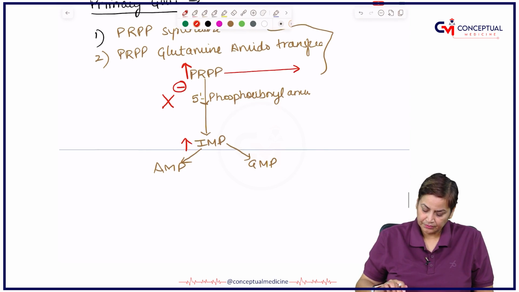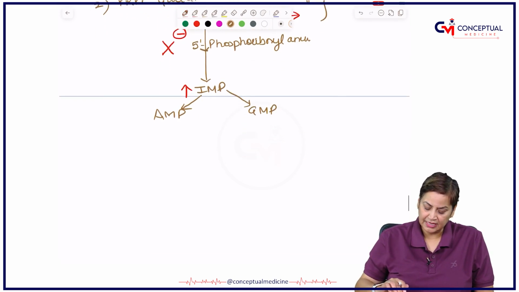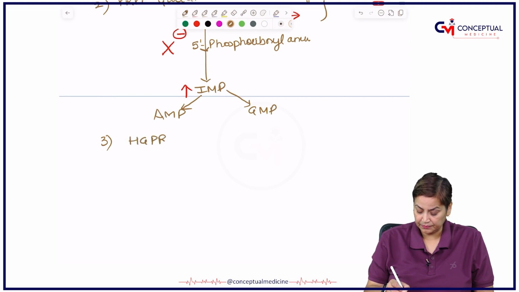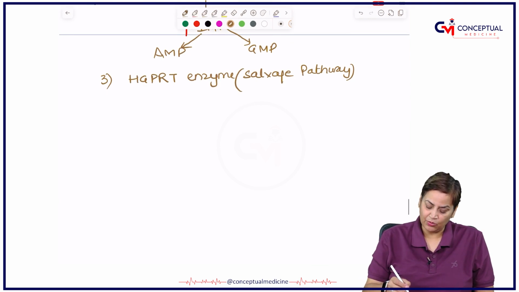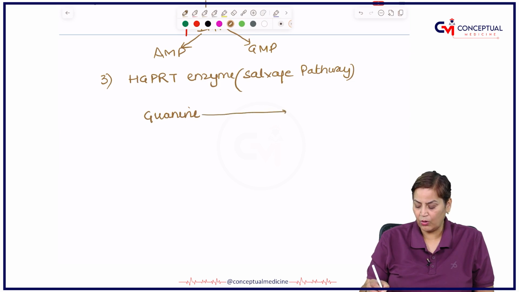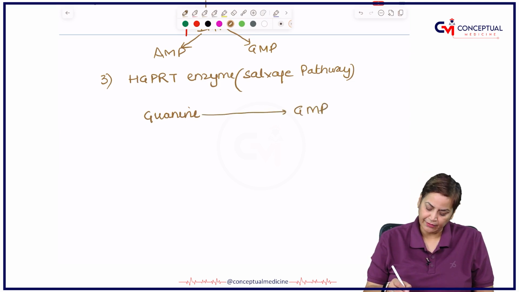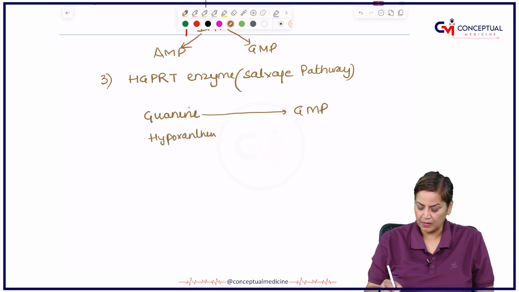Then the third important point is the HGPRT enzyme. This is an enzyme of the salvage pathway. This enzyme is required for the synthesis of guanosine monophosphate and inosine monophosphate.